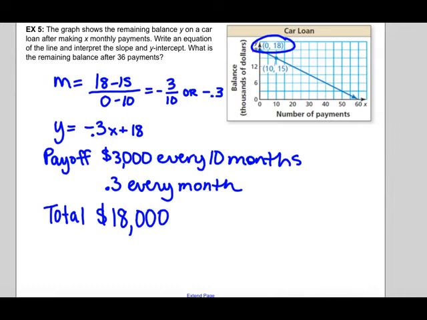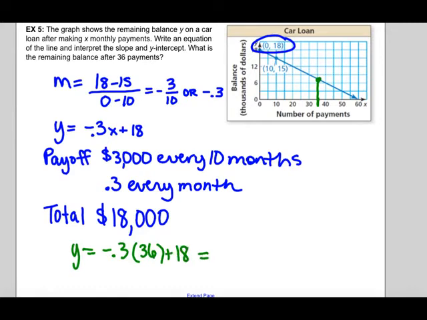So if I look on my graph, 35 is about right here, so we know it's somewhere above 6. So 36 months, 36 would be my x value, so I'm going to take my equation, y equals negative 0.3 times, and I'm going to put 36 in, plus 18.